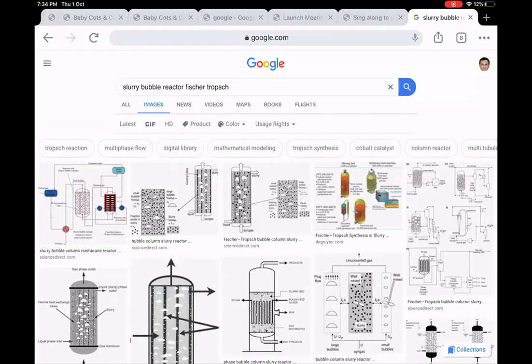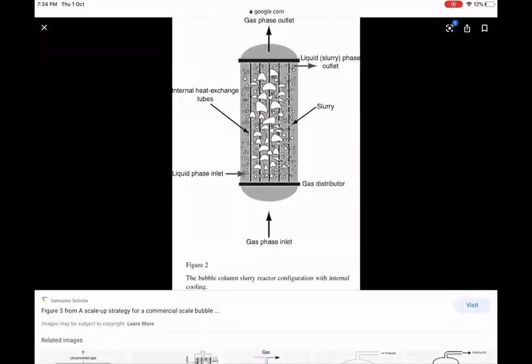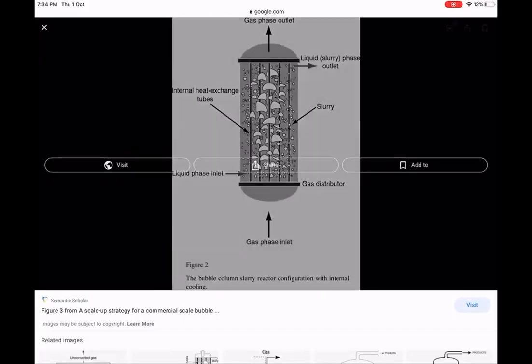So this is how the slurry bubble reactor looks. In between you also have tubes to remove all the heat. A slurry bubble reactor has a liquid in which catalyst is dispersed, and you pass gas through that liquid. That is what is called a slurry bubble. The bubbles you see here are the gas passing through the slurry, which has catalyst particles.